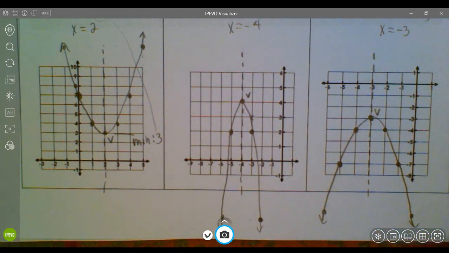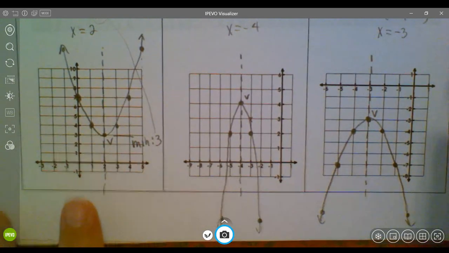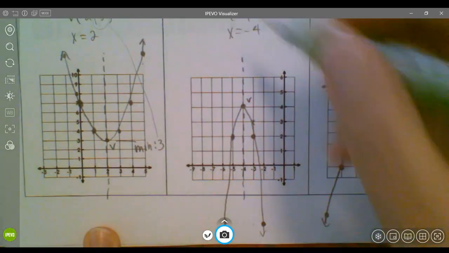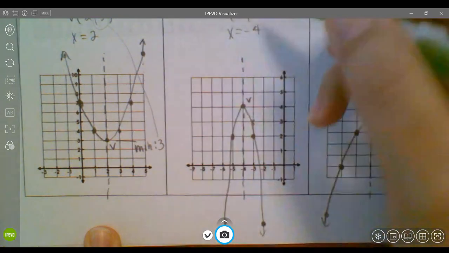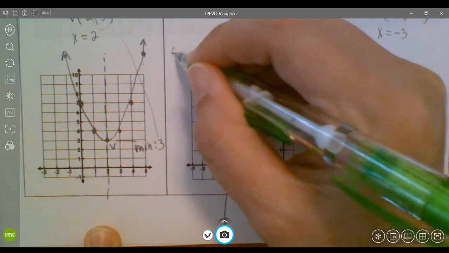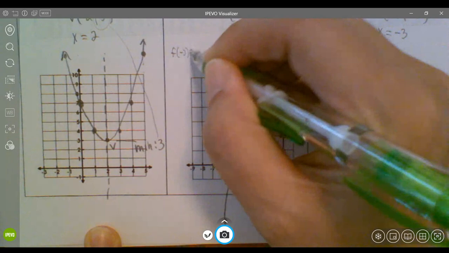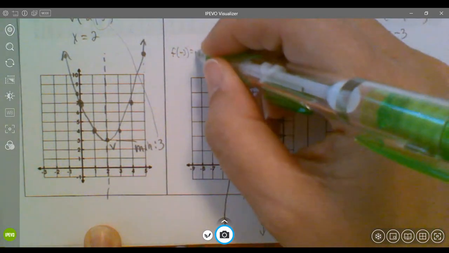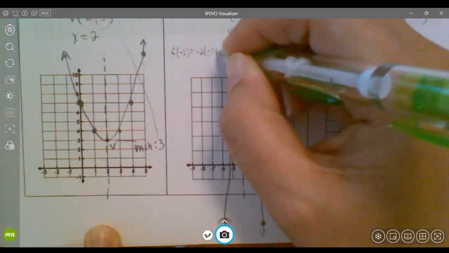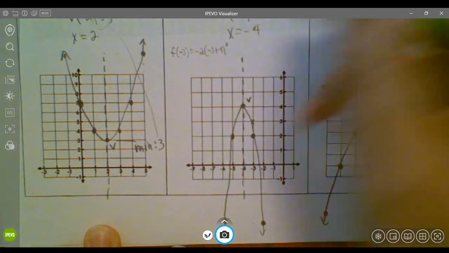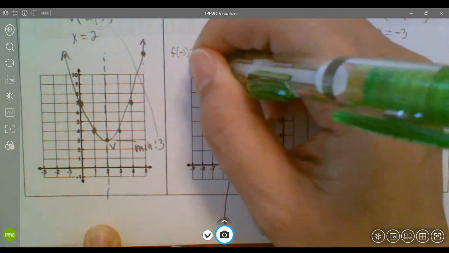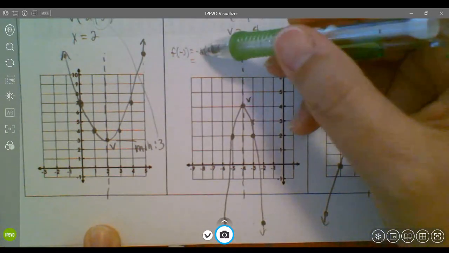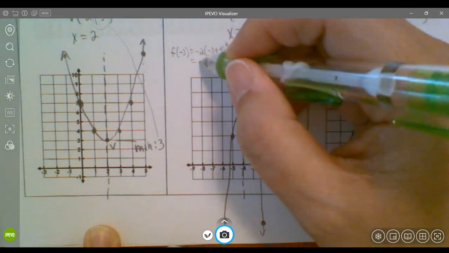And you know what? I feel like for this one, I should probably choose a few points for you. So let's look at f of -3. When you plot that, it'll be -2 times -3 plus 4 squared plus 4. You'll get 1, -2, -2 plus 4 is 2.